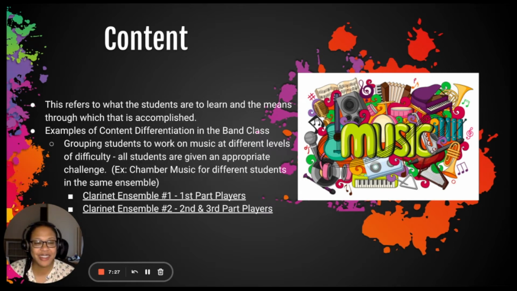We are a very young band, and these were some really dedicated students, and these ensembles were completely student led. So that was another way to differentiate and allow them to find their way through the weeds. So I hope you enjoy our clarinet ensemble one and clarinet ensemble two, and I'll be back shortly.